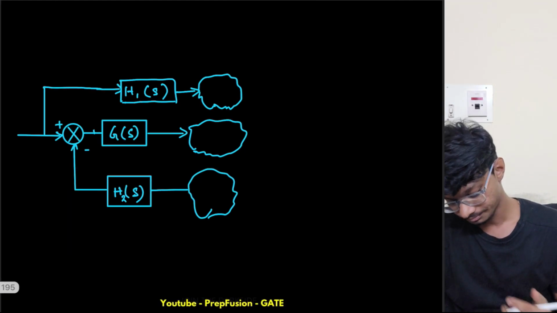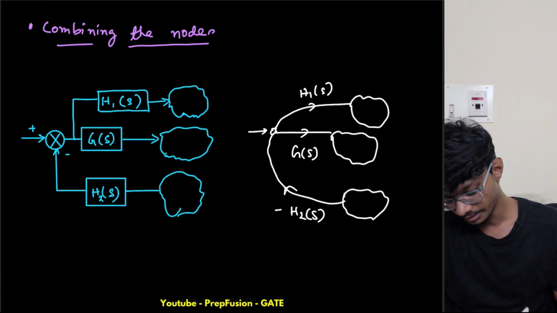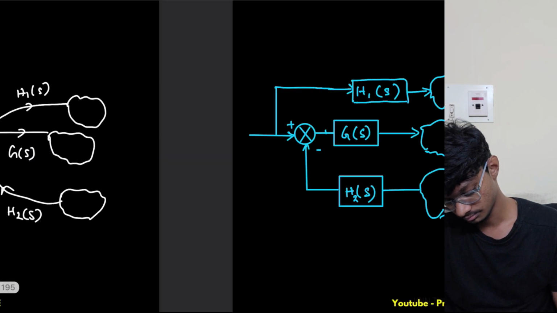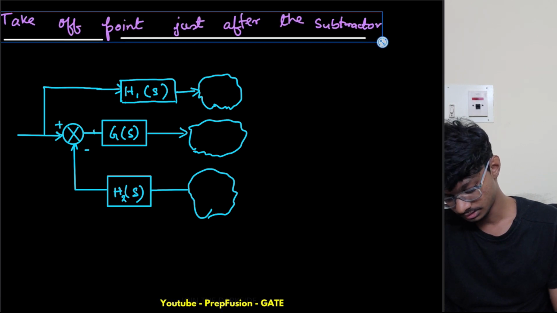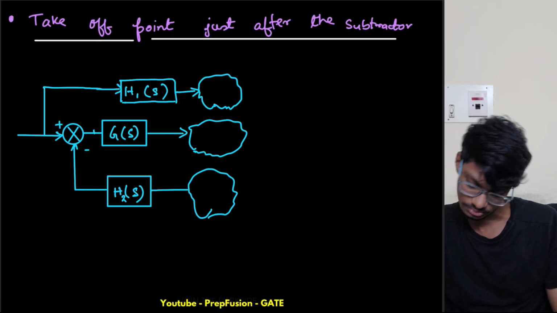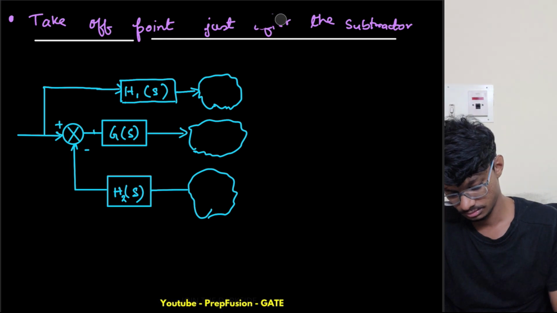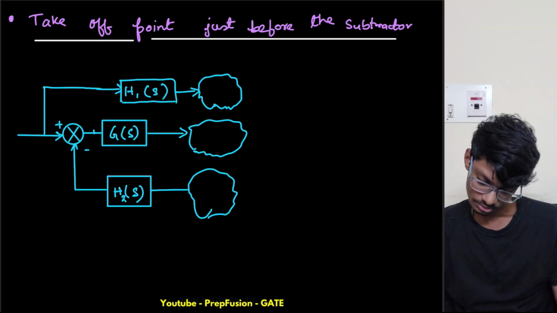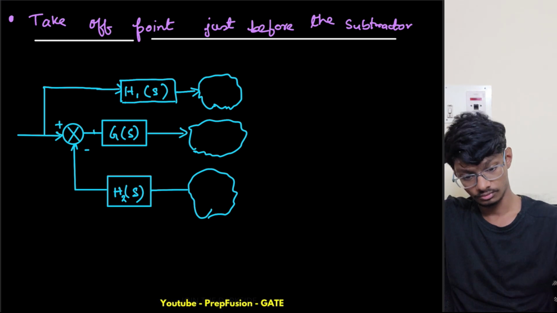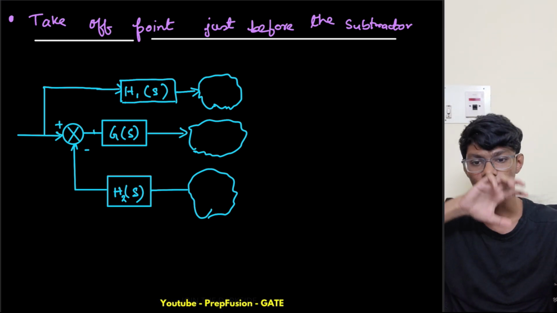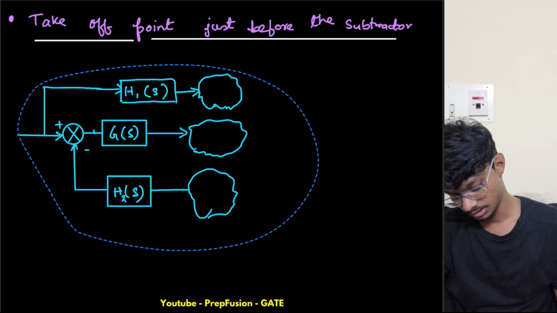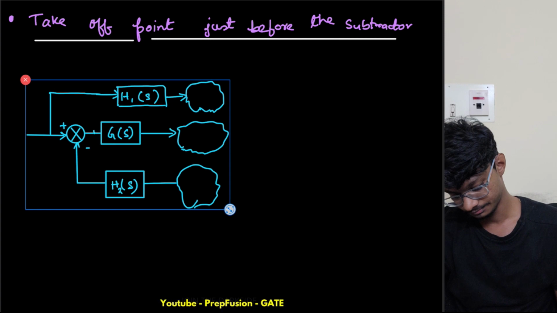Okay, so again the takeoff point is just before, so let me copy this. Here we'll assume separate nodes. We can't simply merge the whole three nodes, right? So what I will do is make this a bit smaller.